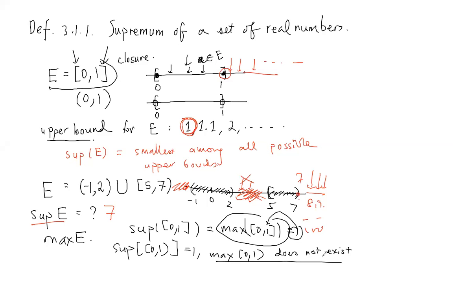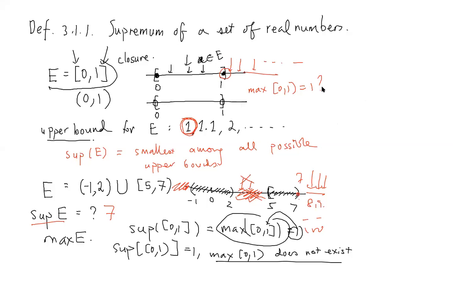Is it clear to everyone why the max does not exist for this open interval? Is it 1? Can we say that the max of this interval where the right side is open is equal to 1?